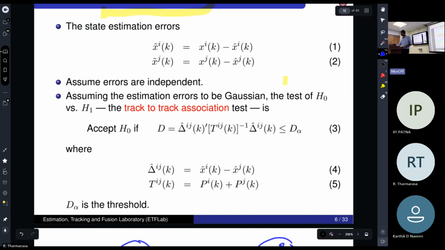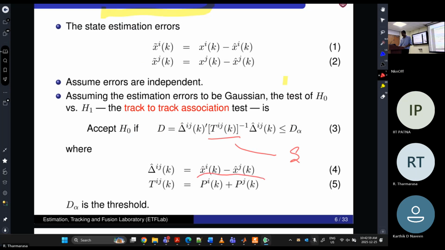This one is similar to the S that we have. In the normal track to measurement association, we had S here. Instead of S, we have P1 plus P2.